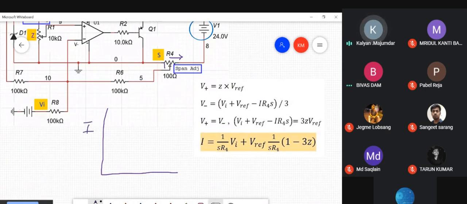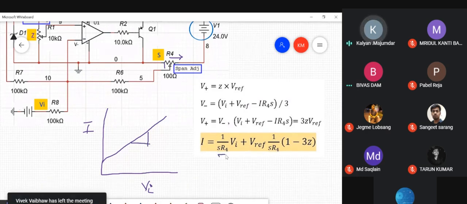the dependent variable is I, the independent variable is input voltage VI. If you look at the equation, this is the equation of a straight line. It is supposed to be a straight line, though it doesn't look like one here. So what is the slope of the straight line?